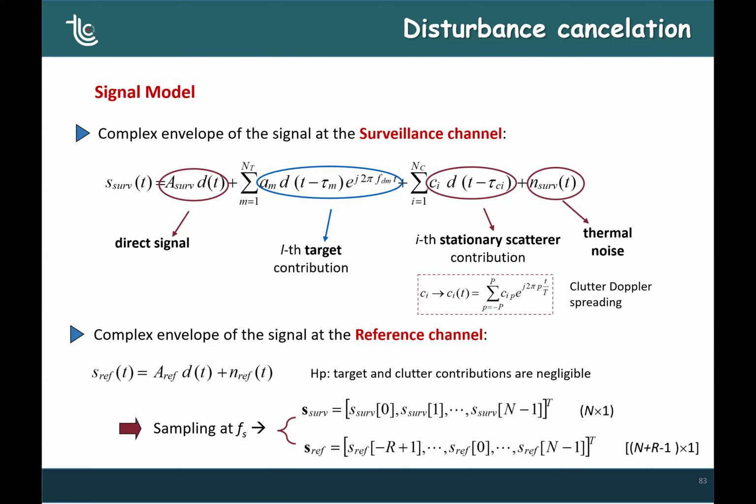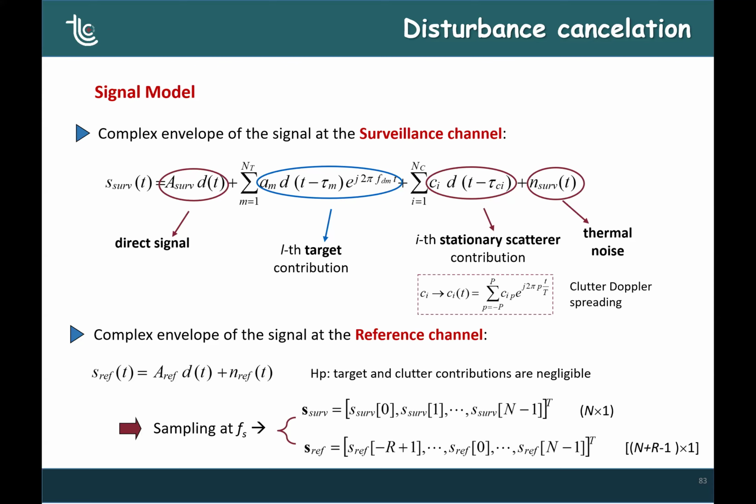So in the case of non-stationary clutter, so when the clutter is moving, then it's possible that we need to consider also Doppler shift, as you can see in the box where we have a Ci of t, and you see that we have a component with some Doppler shift or Doppler spreading, okay?